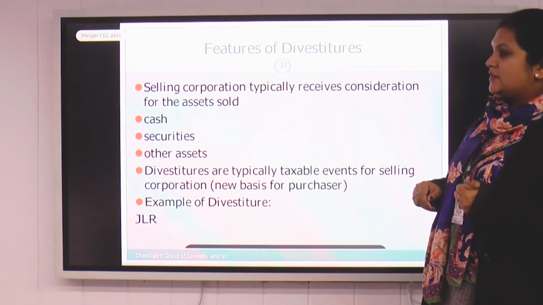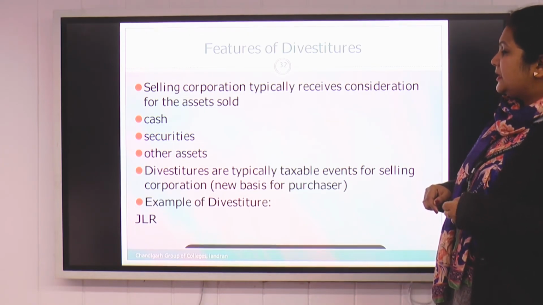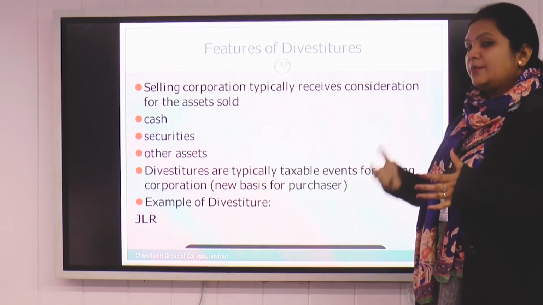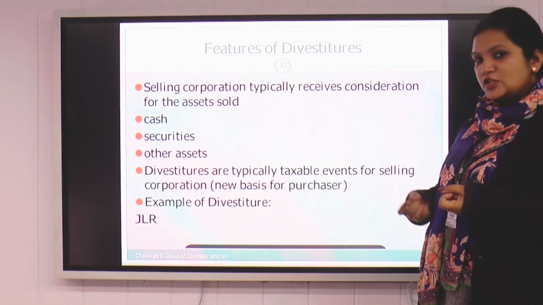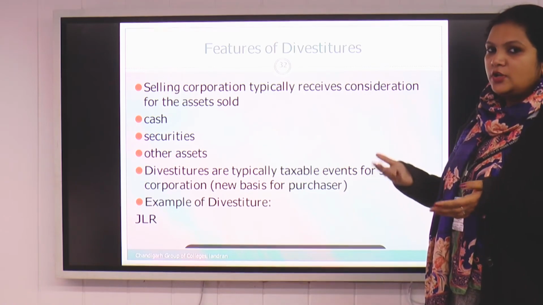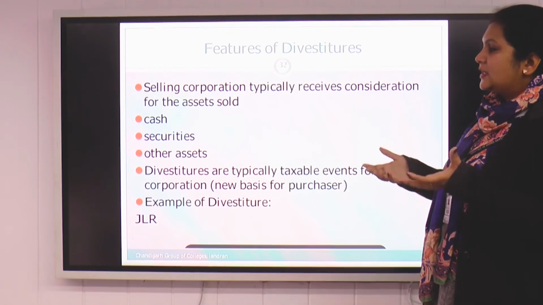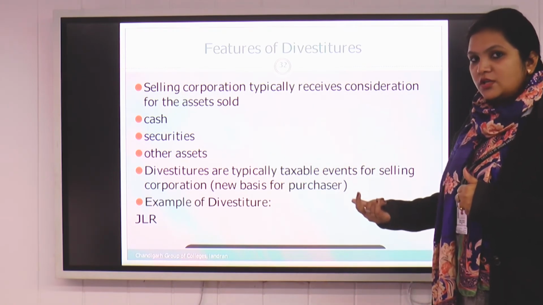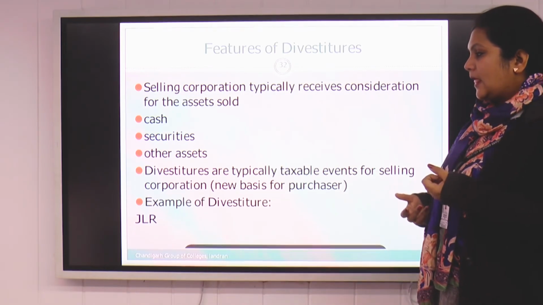The features of divestitures. The selling corporation typically receives consideration for the assets. For the asset, the segment of your company that you sold, you receive consideration, financial consideration, and also in the form of shares. That depends on company to company, condition to condition, what consideration you get. But you typically receive some consideration, either cash or securities, or you get some other assets with respect to them.